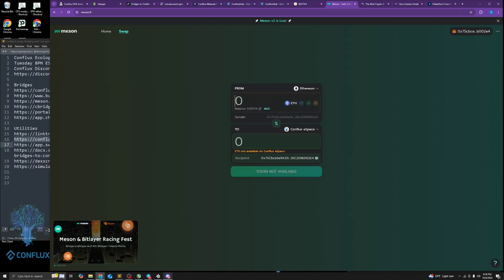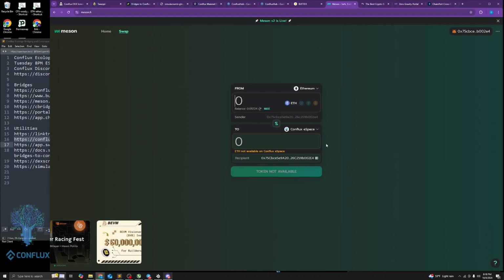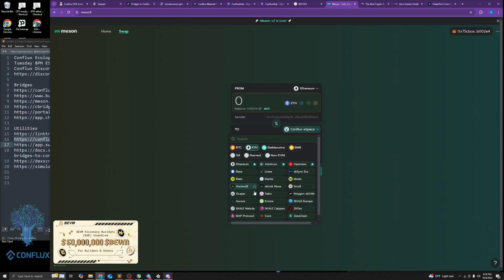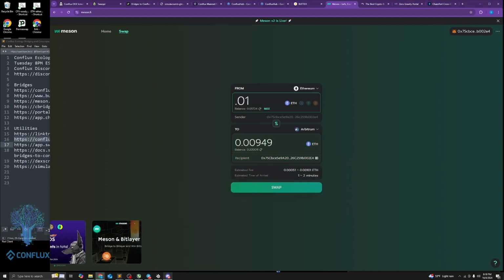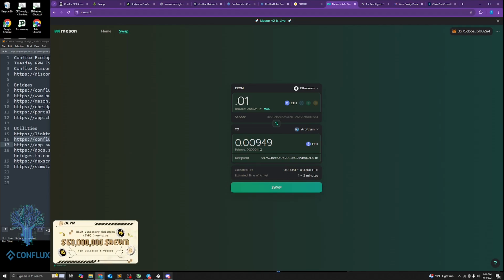Okay, ETH not available on Conflux eSpace. All right, not direct from ETH. But what if we go through Arbitrum? And we say Ethereum, and we say 0.01. We're at 95%, and our fee is now almost nothing. So, Lego.